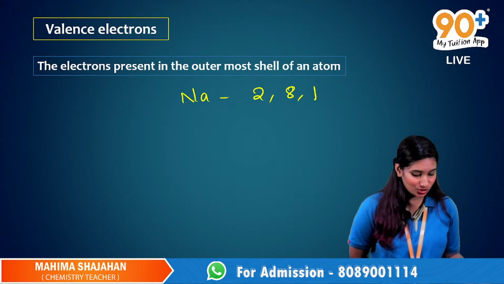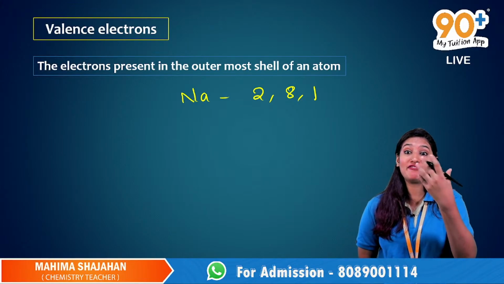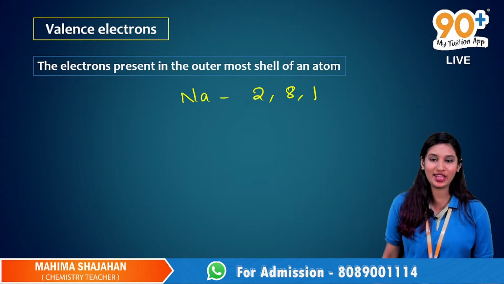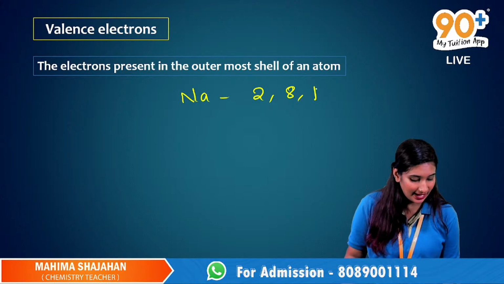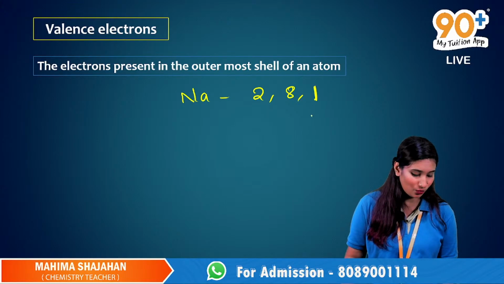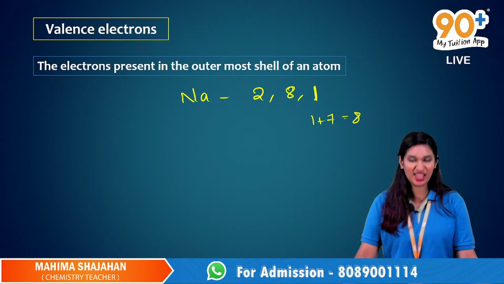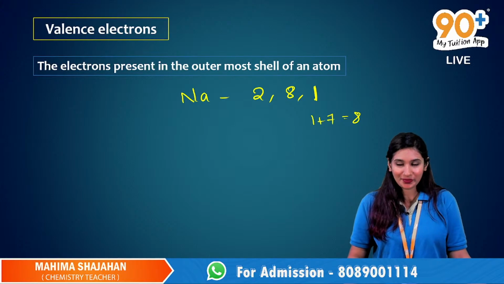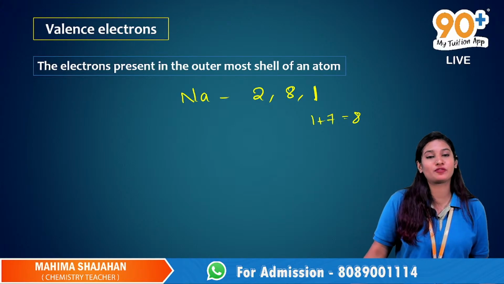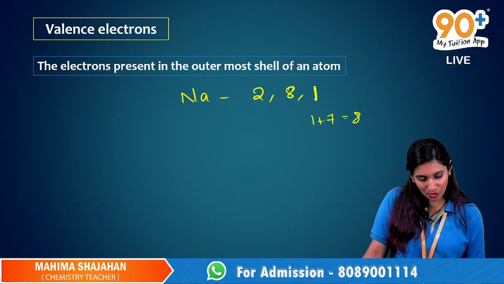First way is to accept 7 more electrons, so that in the last shell it will become 1 plus 7, which is 8. Or there is another option for sodium, an easier option.